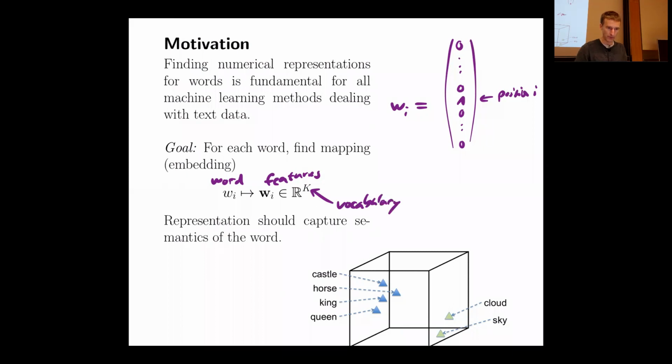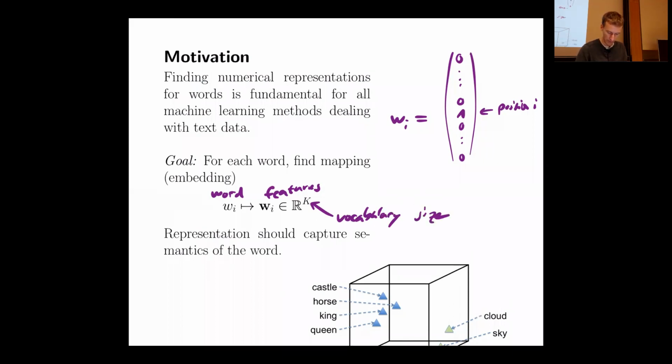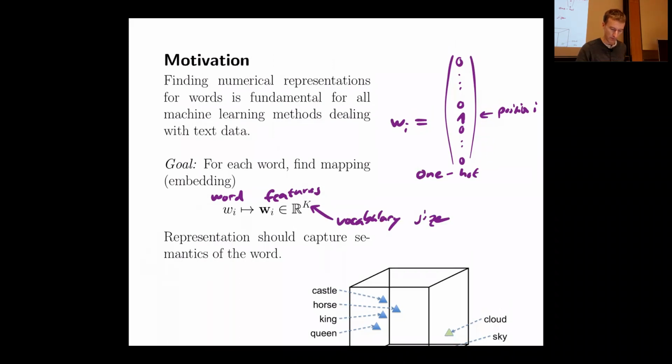And this is the standard one-hot encoding, and when you do it this way, this is also known as the bag of words representation. That's because you could also do this when you have more than a word, like a small sentence, 3, 4 words together.